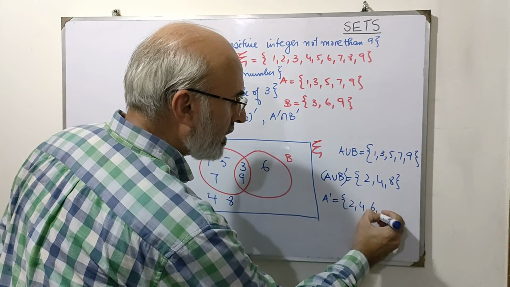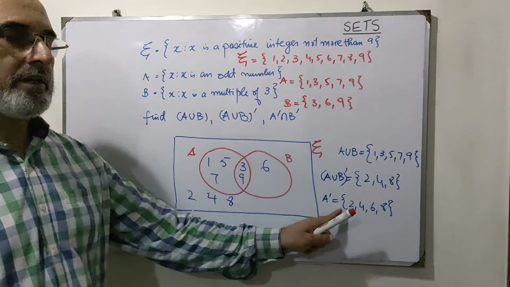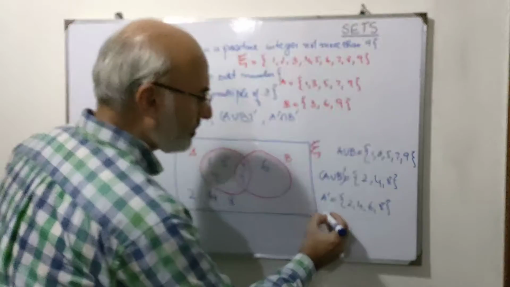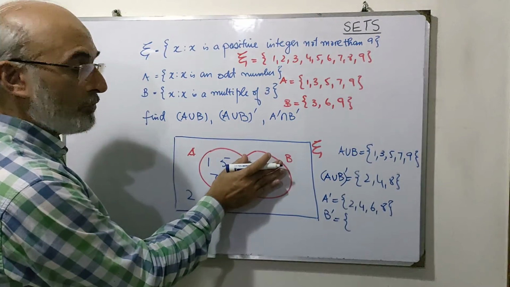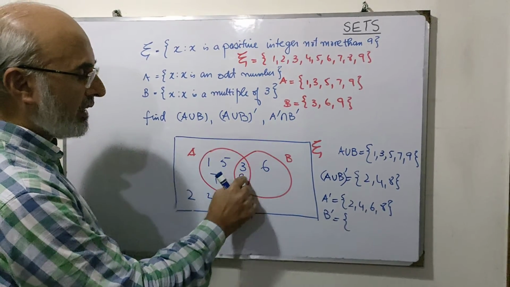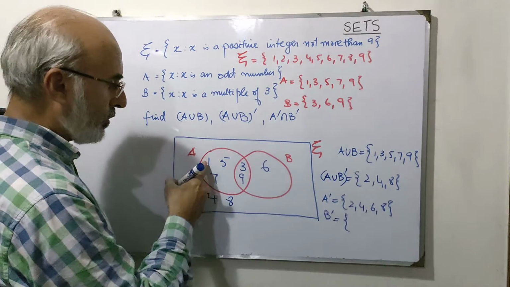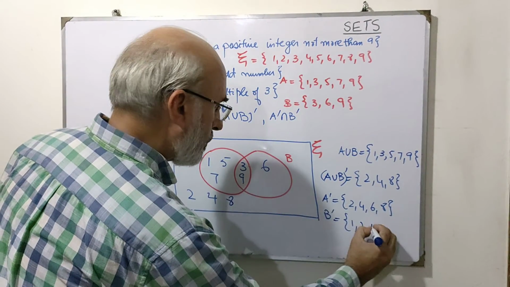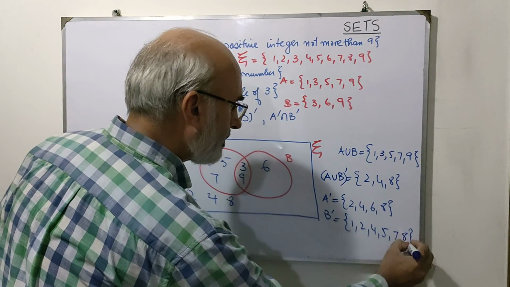So this is our A complement. Now the B complement. I have to remove B, so I remove 3, 6, 9, and whatever is remaining I am going to write over here, which is 1, 2, 4, 5, 7, 8.